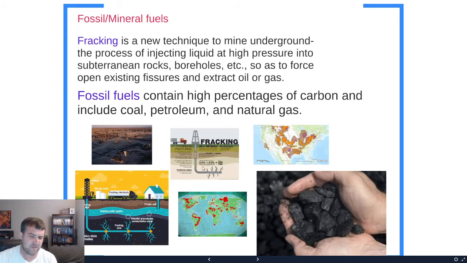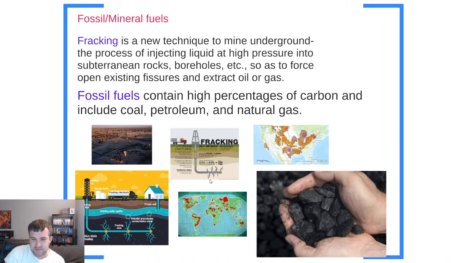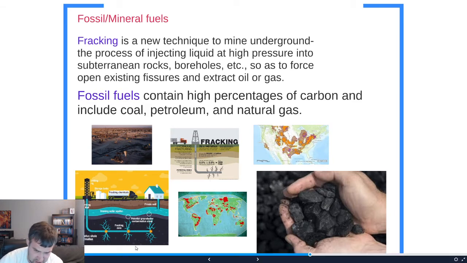But the thing that makes fracking really controversial is that it also has these little shakers or little explosions, but they're not designed to hurt anybody, that are designed to break up the rocks and to loosen up more natural gas or more oil or whatever they're trying to pump out of the ground. Actually, they usually shoot a lot of water down there just to break up parts of the sediment in the rock.